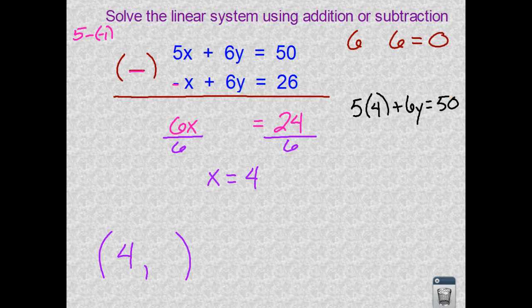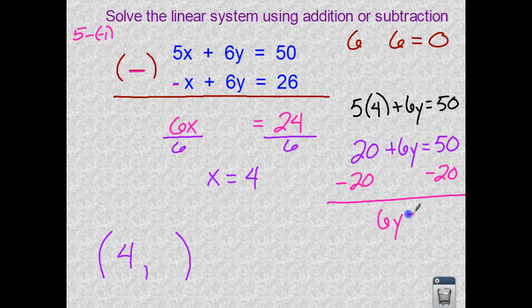Let me quickly do some math here. Subtract 20 from both sides. All right, so 6y is equal to 30. Divide both sides by 6. Y is equal to 5.